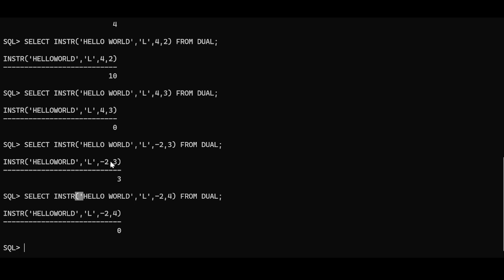So ideally you can define a positive number to go left to right, or a negative number to go right to left. But to retrieve the particular position of the occurrences, the indexes have to be considered from the left to right direction, not from right to left.